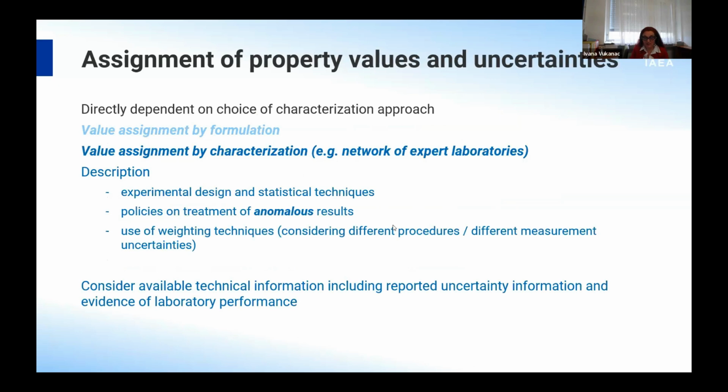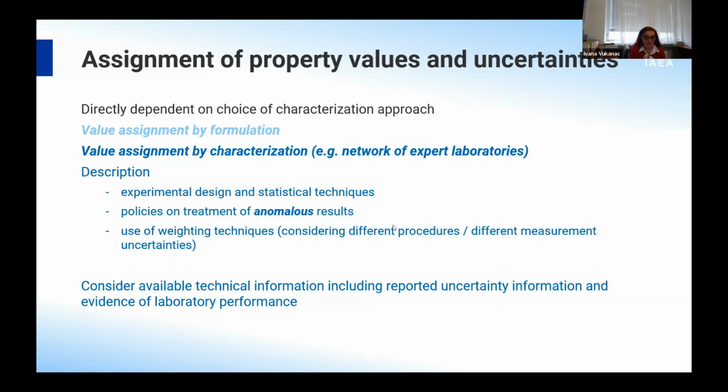Like I said before, in Turk we usually choose two types of strategy and perform value assignment by formulation for spike materials or using the network of expert laboratories. So whichever approach is used in value assignment, description of experimental design and statistical techniques used needs to be provided.